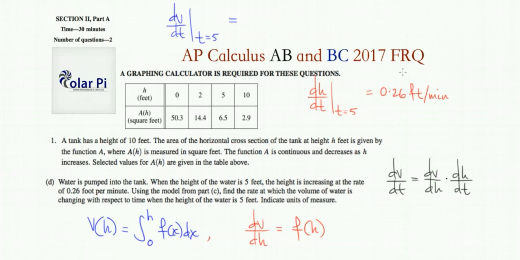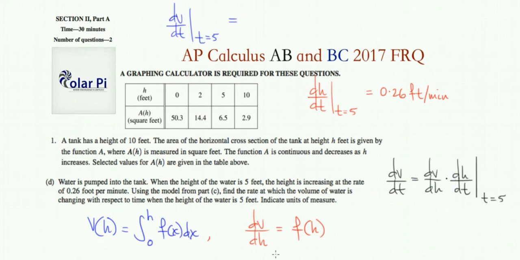And of course, we need to evaluate both dV/dH and dH/dt at t equals 5, which is our interest. So what we have is dV/dH evaluated at 5 times dH/dt evaluated at 5.